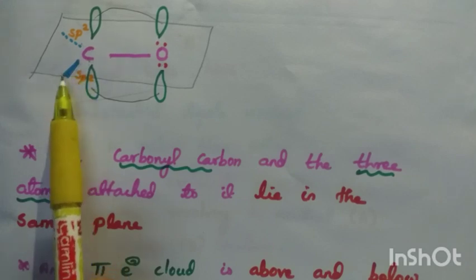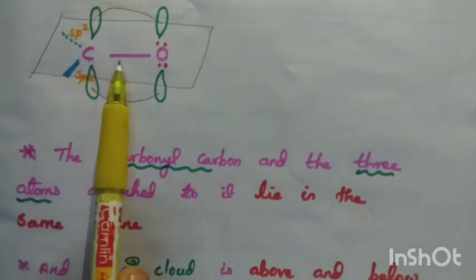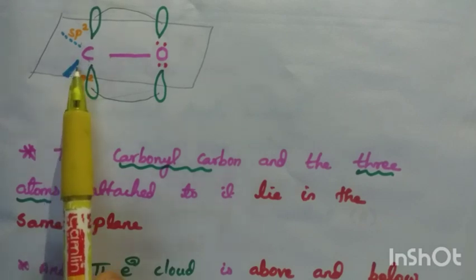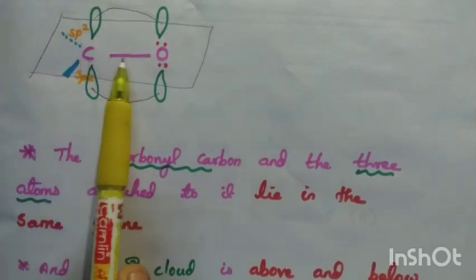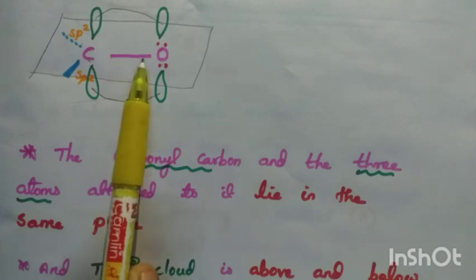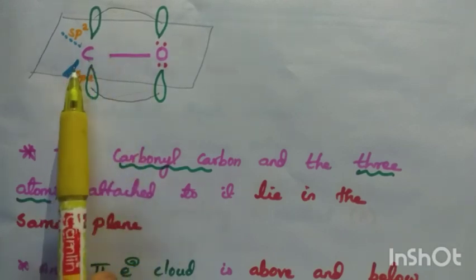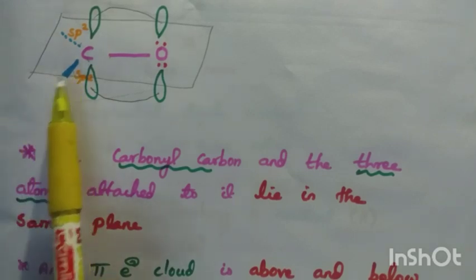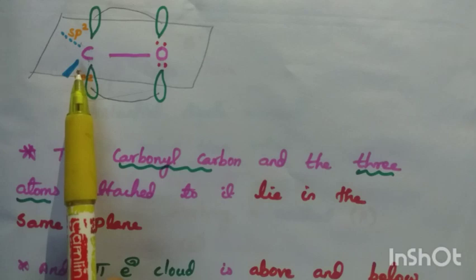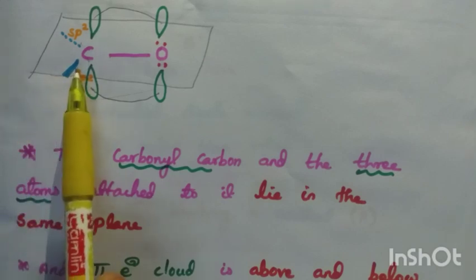Here, what does this sign represent? This type of bond represents that we are viewing the molecule from this side. So it is nearer to us. This is far away from us. This is on the plane. We are seeing the molecule from this side, so it is closer to us, no?